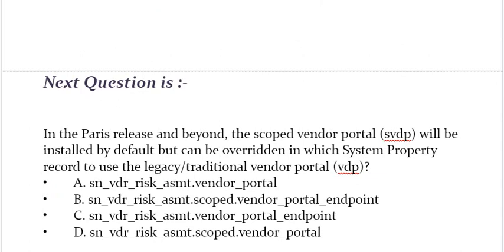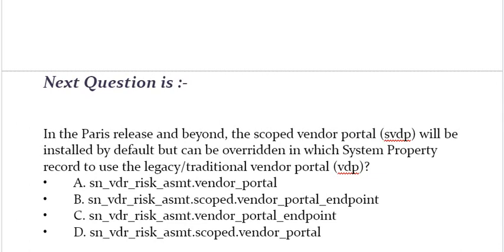Next question is, in the Paris release and beyond, the scoped vendor portal, SVDP, will be installed by default but can be overridden in which system property record to use the legacy or traditional vendor portal, VDP. Option A, sn_vdr_risk_asmt.vendor_portal.